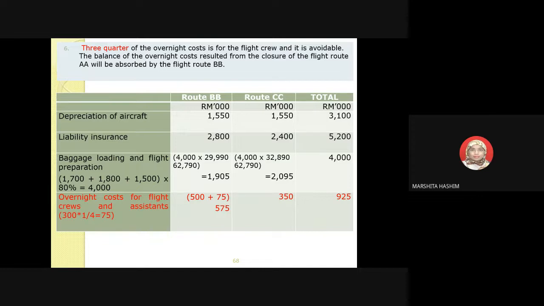How much? Originally it is 300. 1/4 is unavoidable, equivalent to 75. So how do you absorb? The question mentioned absorb by route double B. That's why we put under double B.